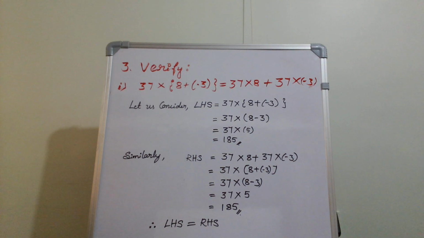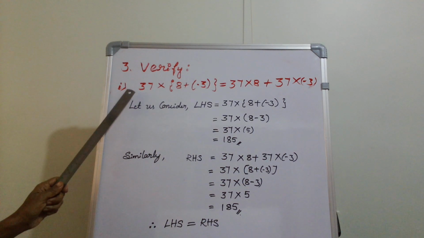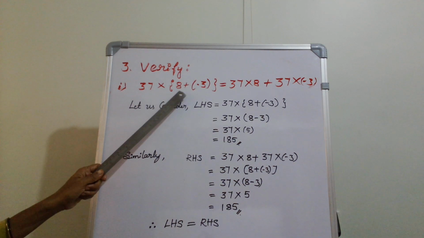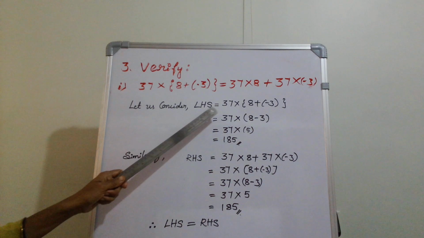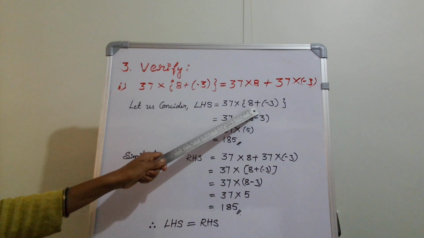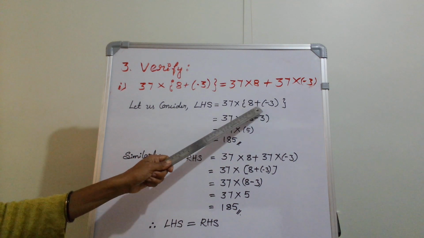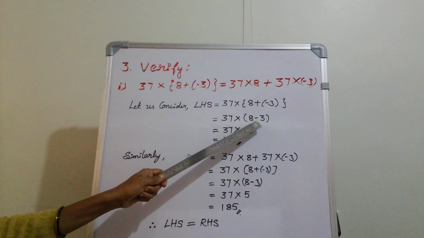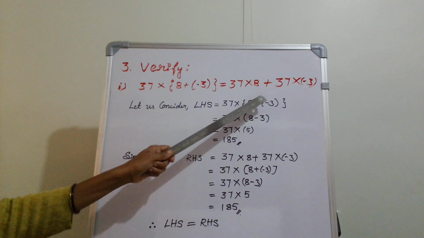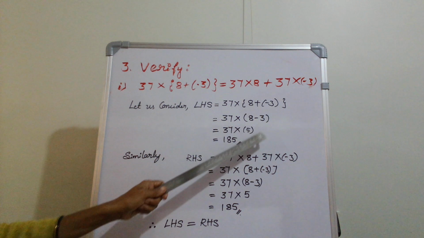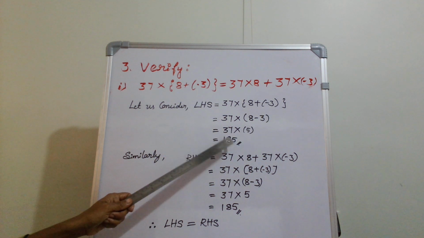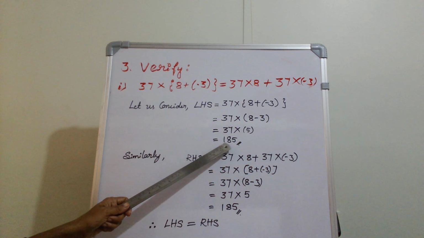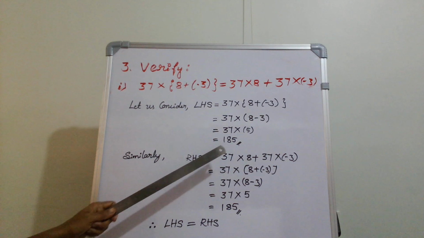First, let us consider the LHS. LHS of the problem is 37 into 8 plus of minus 3. So here plus into minus is minus. So 37 into 8 minus 3. 8 minus 3 is 5. If you multiply 37 into 5, we get 185 as the answer.